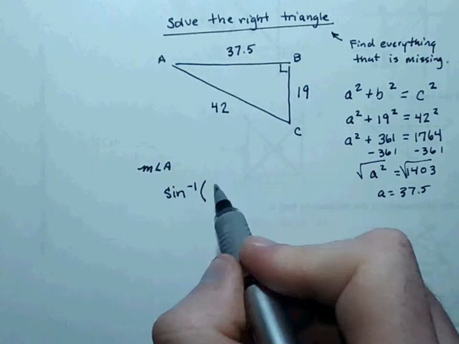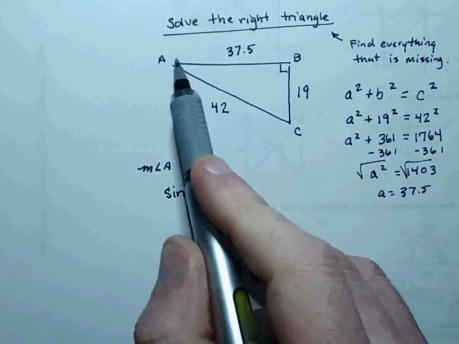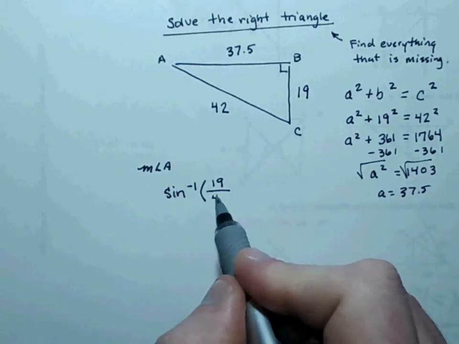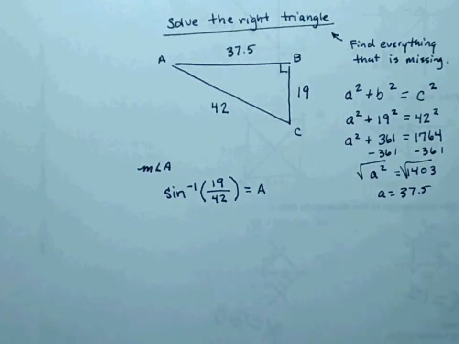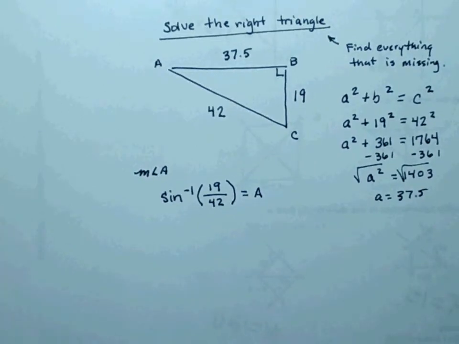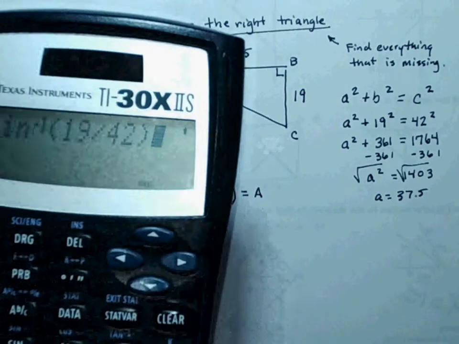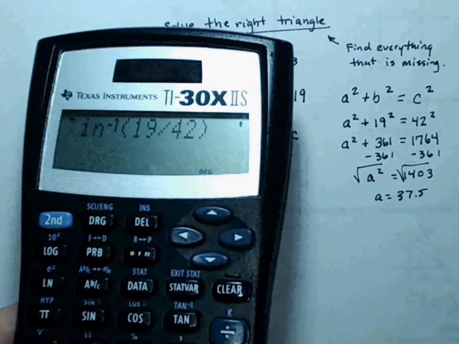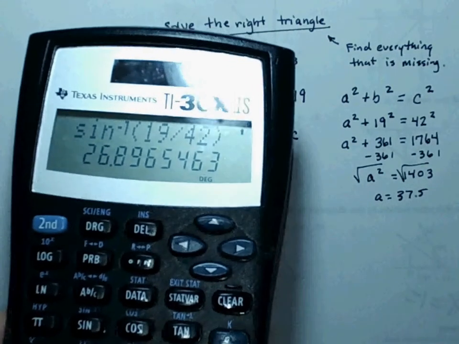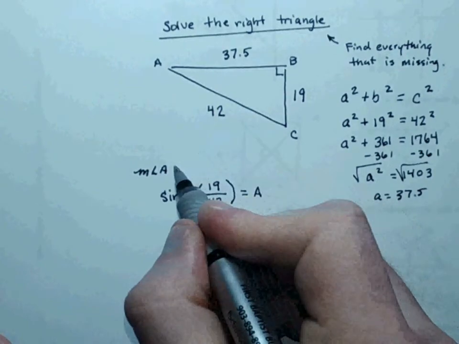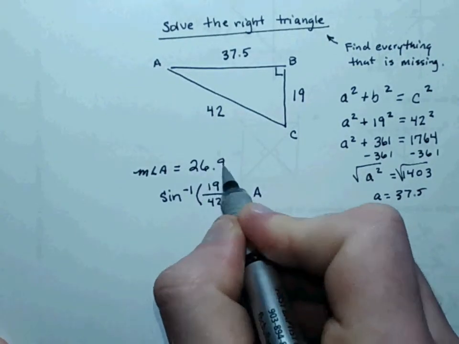Opposite is 19 over hypotenuse, which is 42. And that will tell me what the measure of angle A equals. I take my calculator, I say second sine 19 divided by 42, press enter, and I get 26.9 degrees.